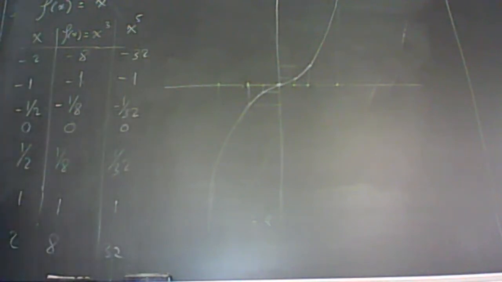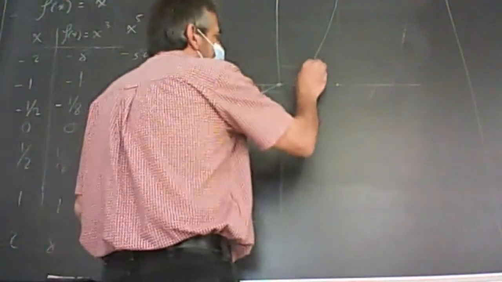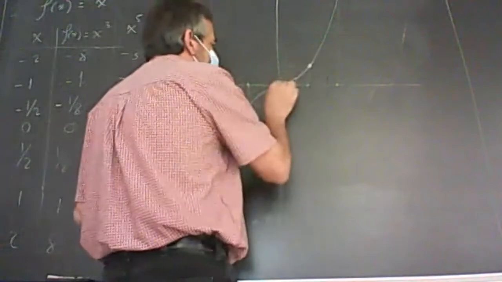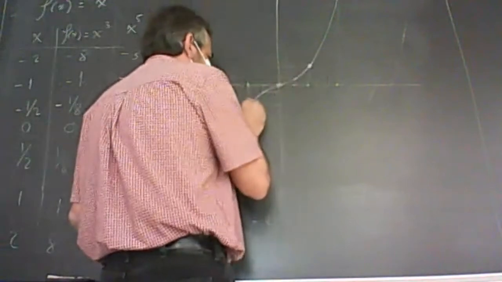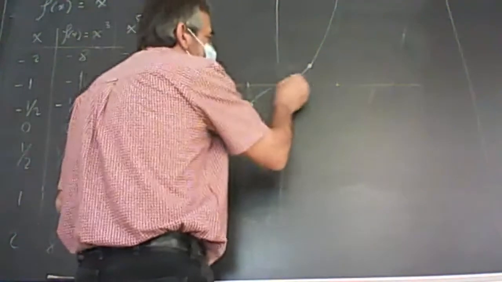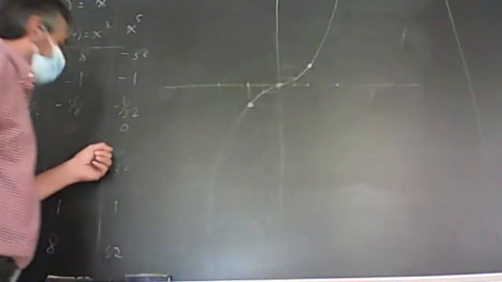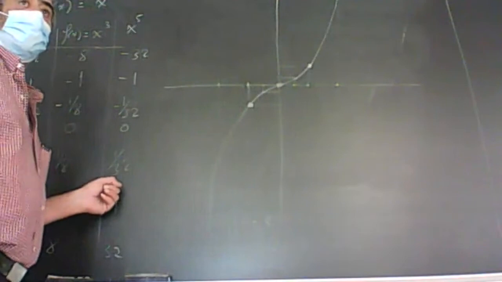That's too far away for me to graph, so I'm going to ignore the 2 and negative 2 and deal in this range over here. Notice, at 1, we get a 1. At 0, we get a 0. At negative 1, we get a negative 1. However, what happened in there? This is 1/8, but the other one is 1/32, which is 4 times smaller.